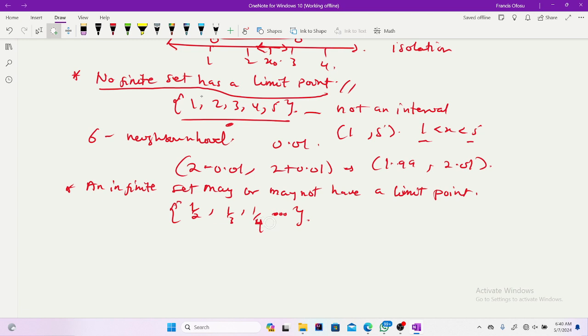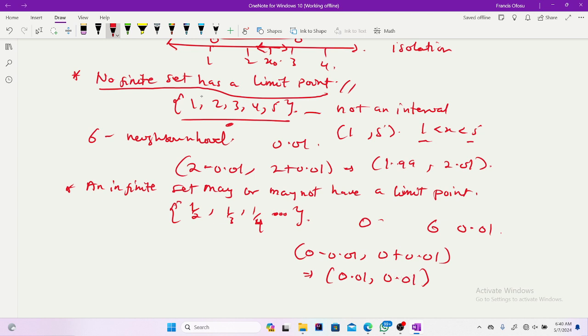With this set, let's assume that the limit point is 0, right? So we can take a delta, let's say 0.01, and we are going to get 0 minus 0.01 comma 0 plus 0.01. So we are getting our interval to be negative 0.01 comma 0.01.